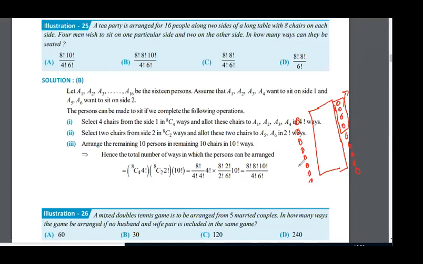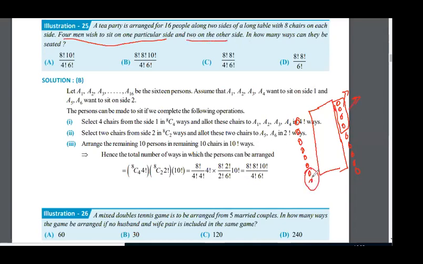Tell me. Right? Now, according to this, four men wish to sit on one particular side. Four people wish to sit on this side, and two on the other side. Two people want to sit on this side only.